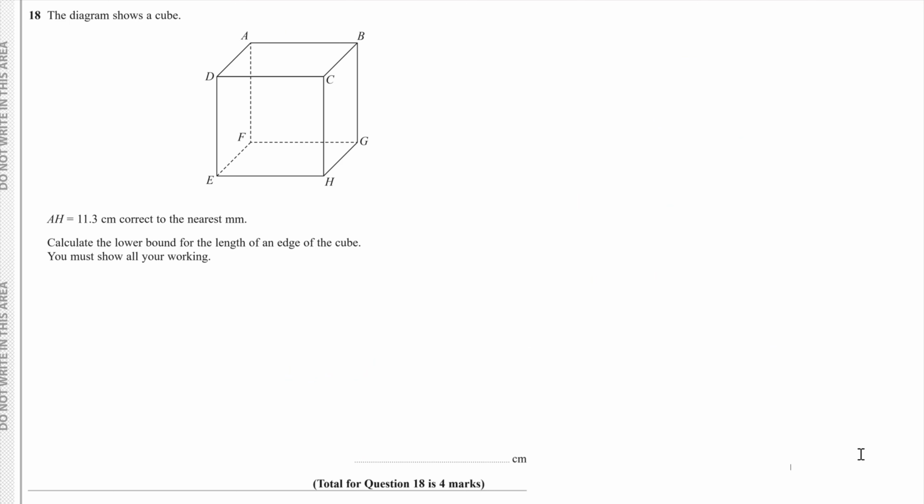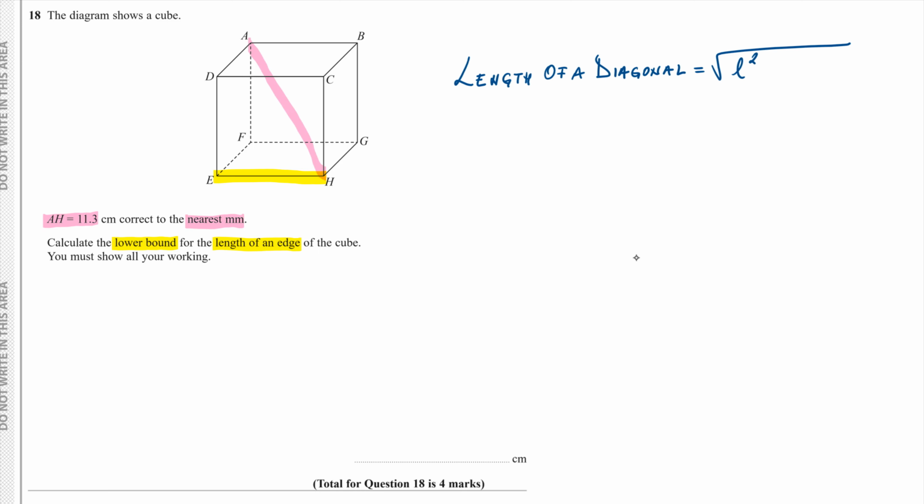Question 18. The diagram shows a cube. AH is 11.3 centimeters, correct to the nearest millimeter. Calculate the lower bound for the length of an edge of the cube. You must show all your working. The formula for the length of a diagonal is the square root of length squared plus width squared plus height squared. Let's label the edges as x.